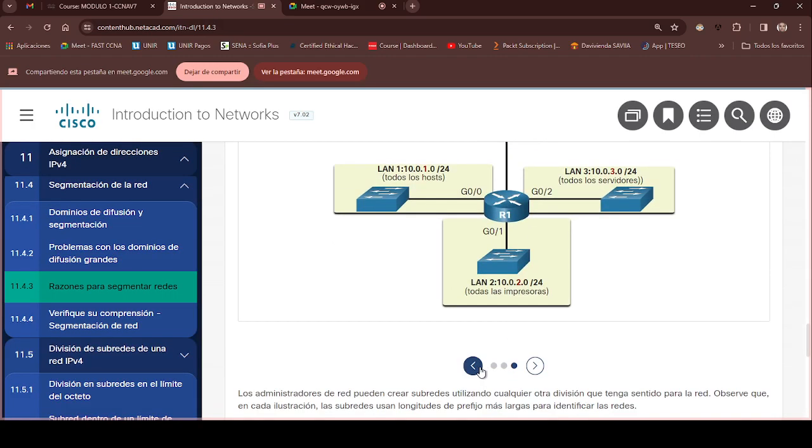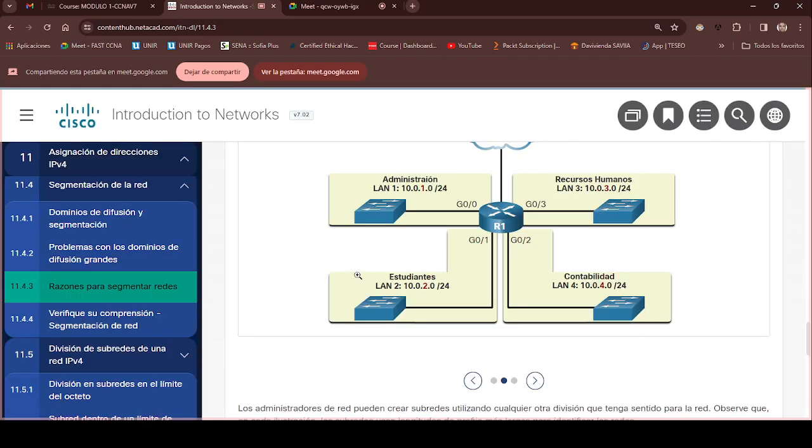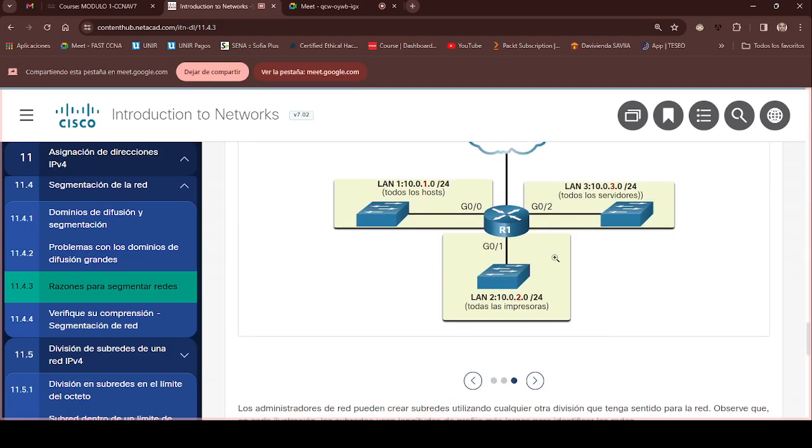Es más común encontrar una división donde digo administración, recursos humanos, contabilidad, estudiantes, y tengo otra subred que se llama TI, y otras como TI wireless, TI switches, TI servidores, TI impresoras, cosas de esas. Pero que sea solo por los equipos es poco común, generalmente correspondería a redes pequeñas.